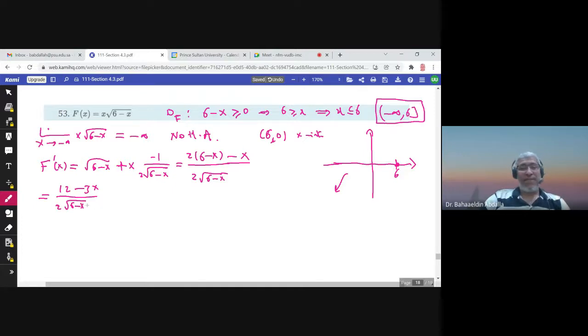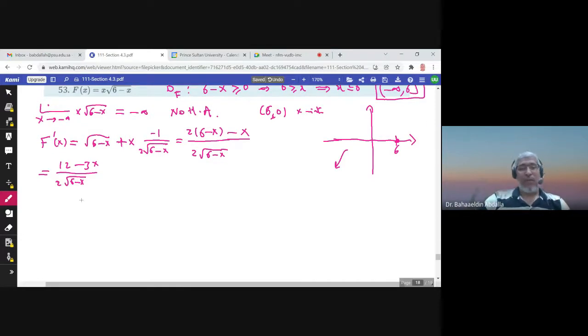Notice that f prime does not exist at 6. So f prime does not exist at x equals 6.